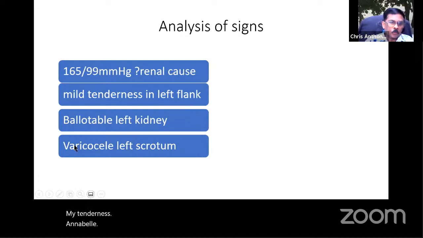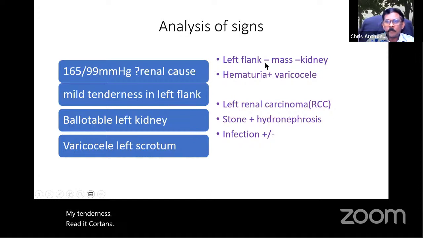He has also got a varicocele on the left side. Again, a left flank mass, and clinically we think it is the kidney. So it's an enlarged kidney mass on the left side with hematuria and varicocele. Varicocele is important because a tumor in the left kidney can cause compression of the testicular vein, and that causes a varicocele on the left side.